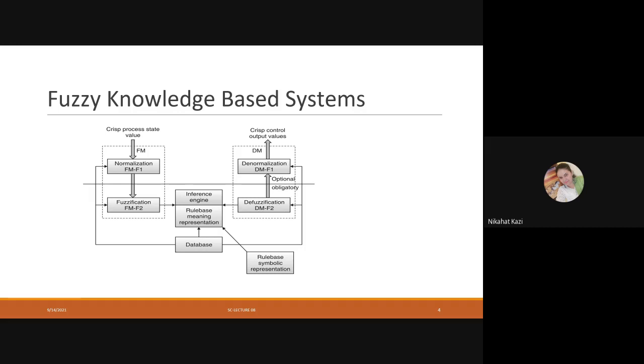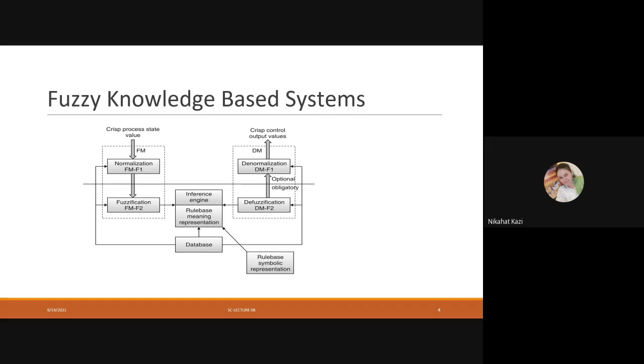A very traditional application is a controller based application, for example, a washing machine or air conditioner. Whatever goes into the system is some input required for the correct functioning of that controller.